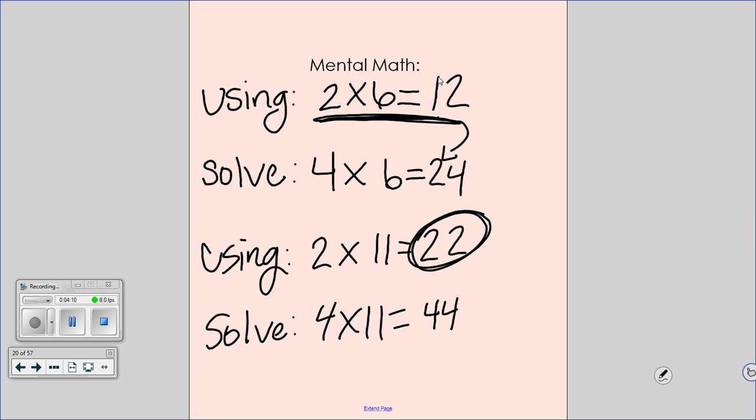Sabrina. It's doubled. Okay? So if I make a 2 by 11 array, to make this 4 by 11, I have to double this. I have to do that again. Right?